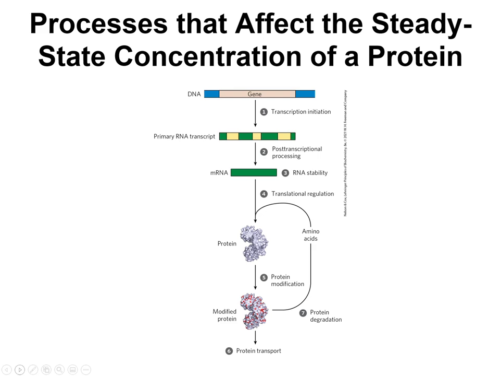Maybe it needs to get glycosylated in the ER. Maybe it needs to get sent to the membrane so that it can find its buddy and pair up with its protein-protein binding partner. And then, of course, there's always protein degradation. So maybe something gets ubiquitinated and it's tagged for protein degradation.